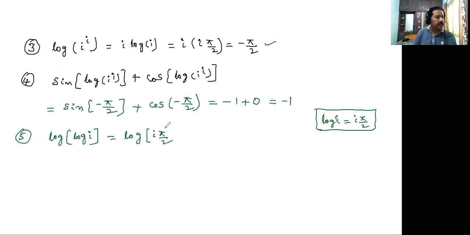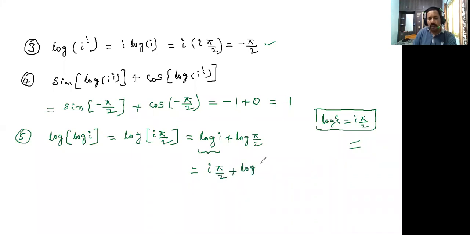Now this is in the form of log AB. What is log AB formula? Log A plus log B. This is the formula. Again observe here, log i. What is log i value? i pi by 2. So final answer is log of log i is equal to log of i pi by 2, that is log i plus log pi by 2, which is i pi by 2 plus log pi by 2. This is the answer.